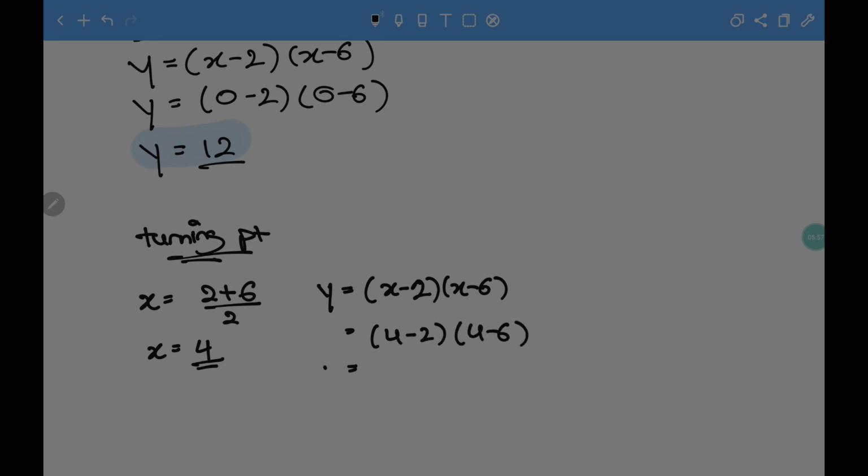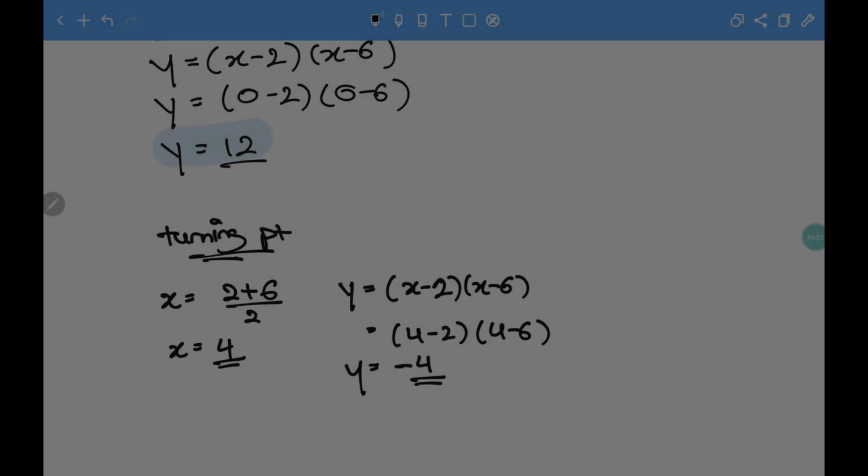Can you do the calculation now? So the turning point, therefore, is (4, negative 4). Done. This is my last point that I need to get.